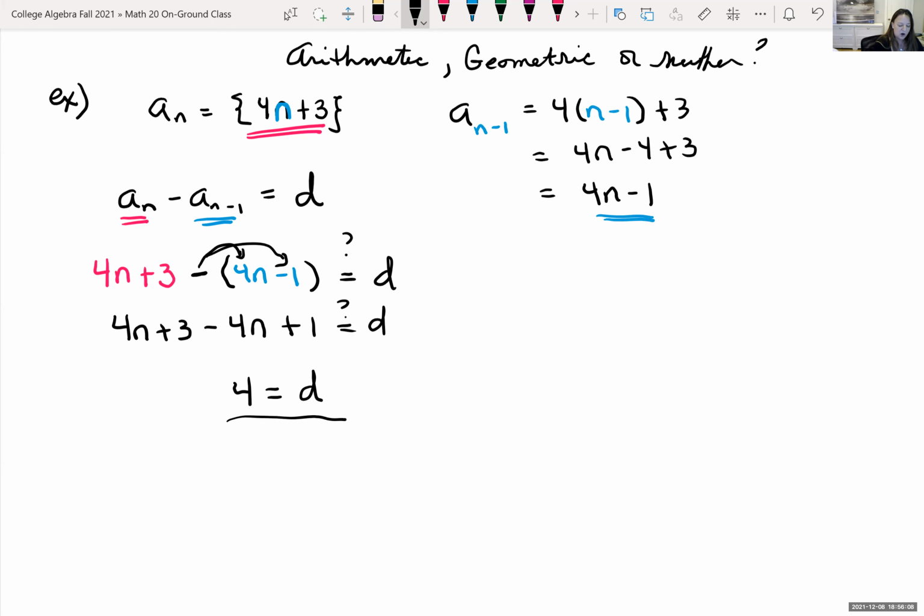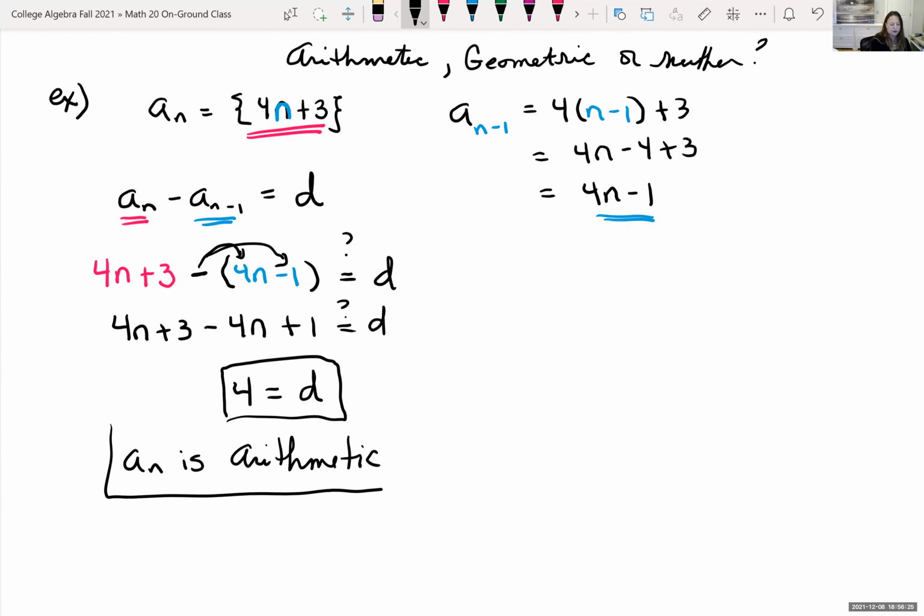So since we got a constant back, we can tell that a sub n is arithmetic. It's not going to be both arithmetic and geometric. So if you find one holds true, then the other one is not going to hold true. If neither of them gives a constant, then it's neither.